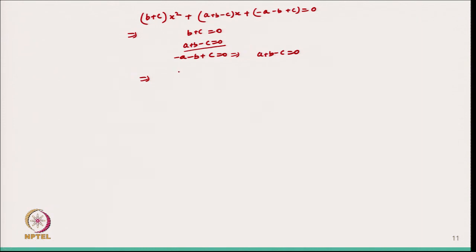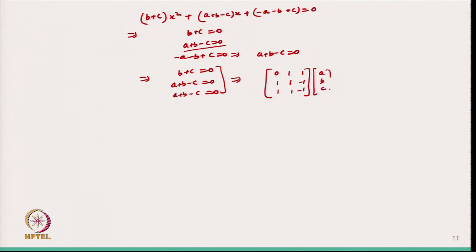So, it means I have a system of equations: B plus C equal to 0, A plus B minus C equal to 0, and A plus B minus C equal to 0. So, one equation is redundant. From here I can say that the matrix has rank 2, because if I write the corresponding matrix, it is 1 0 1, 1 1 minus 1, and 1 1 minus 1, times A B C equal to 0 0 0.